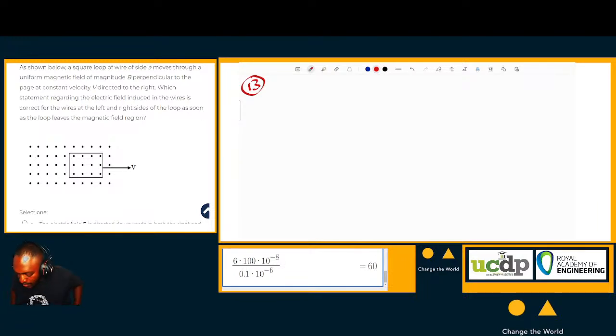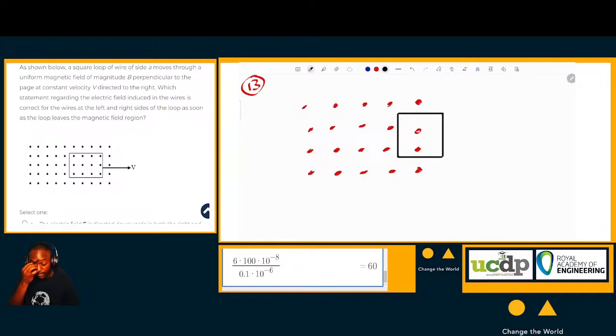Okay, so almost similar to the one that we had earlier on. So this is what we have. Okay, so it says as soon as it leaves.